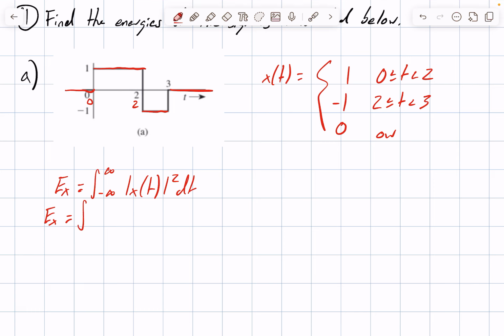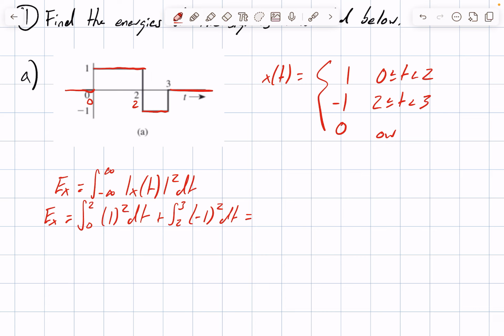So we have from 0 to 2, it's just 1 squared dt, plus the integral from 2 to 3 of negative 1 squared dt. And I dropped the absolute sign here just because these values will be positive no matter what because of the squared value.